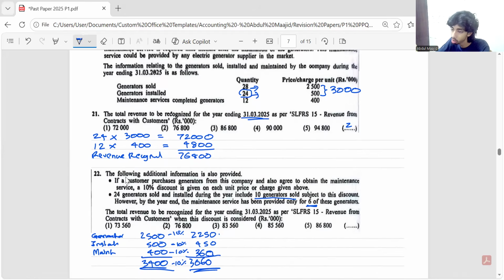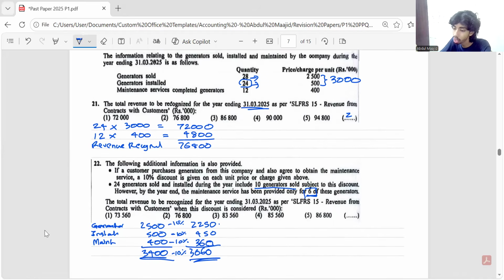Okay, that means out of these 12, 6 generators relate to the discounted price. Okay, remaining 6 are from the normal price. Then they are asking the total revenue to be recognized for the year ending 31st March 2025 as per SLFRS 15, after considering the discount.